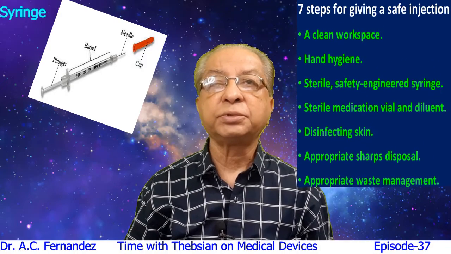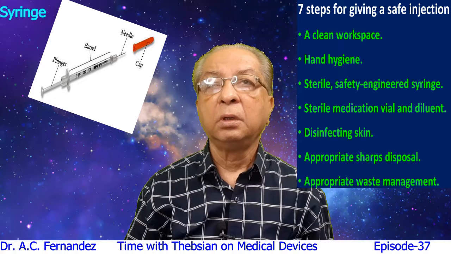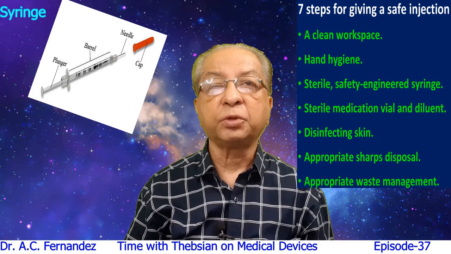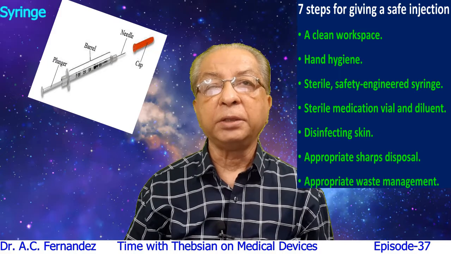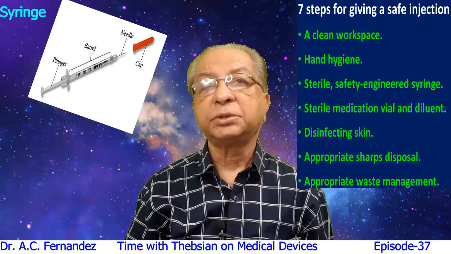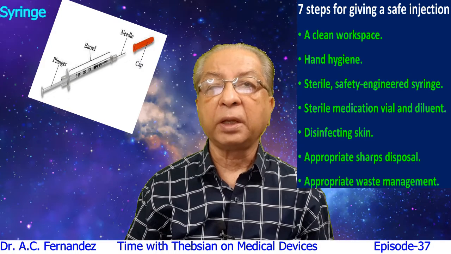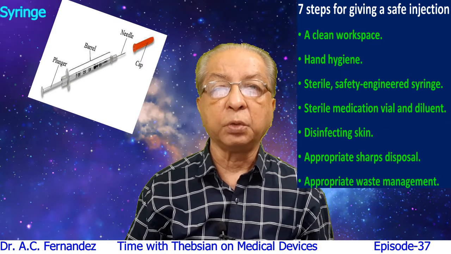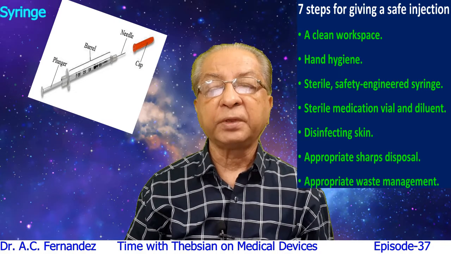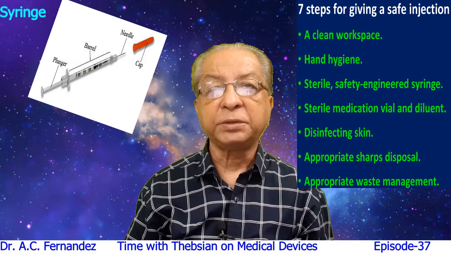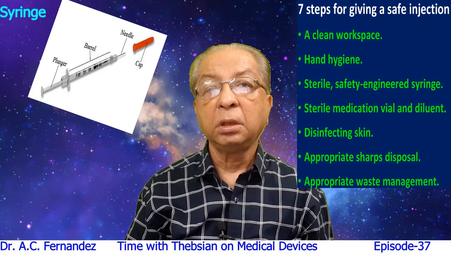There are certain steps to keep for safe injection. A clean workplace should be there. Hand hygiene should be practiced. A sterile safety engineered syringe should be used. Sterile medication vial and diluent should be used. Disinfecting the skin of the patient is very important.